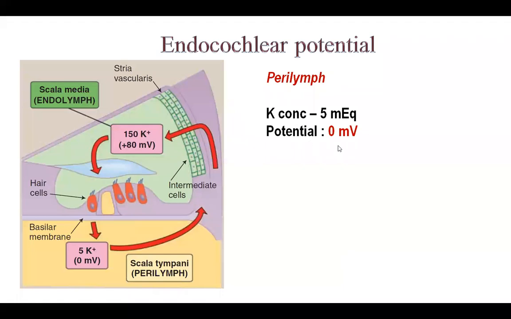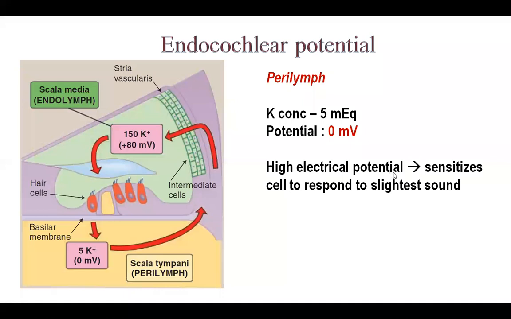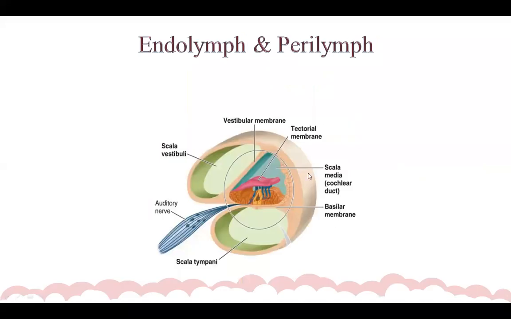So the potential over here is almost 0. This high electrical potential sensitizes the cell to respond to even the slightest sound, meaning even the lowest frequency can cause electrical potential generation in these hair cells.